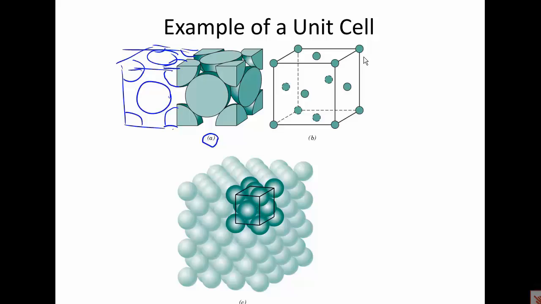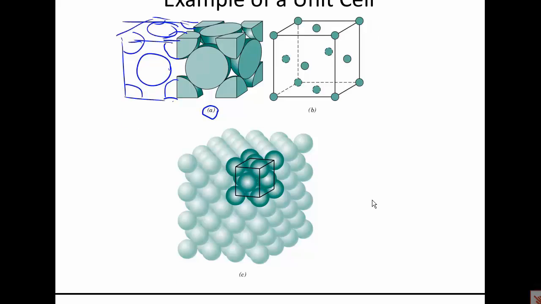The locations of the atoms within the FCC crystal are shown with these smaller circles in diagram B. And in C, some indication is given of the resulting crystal structure that would arise from repeating the unit cell shown.